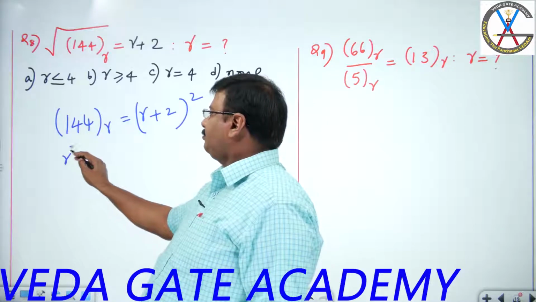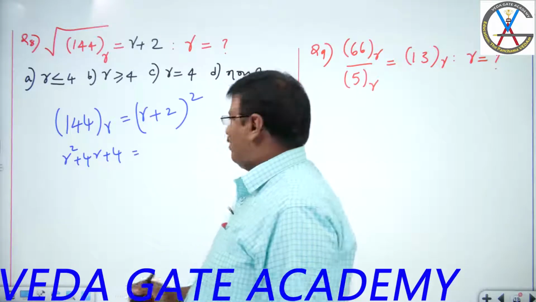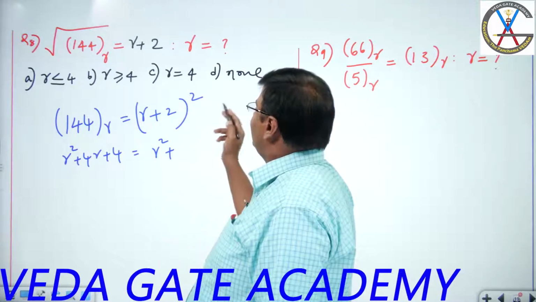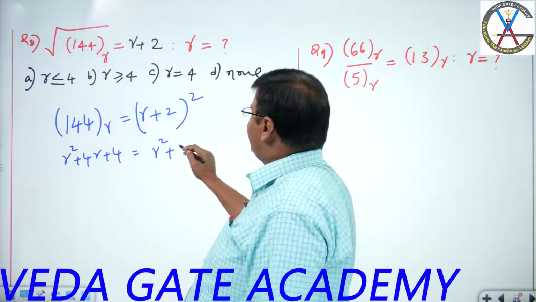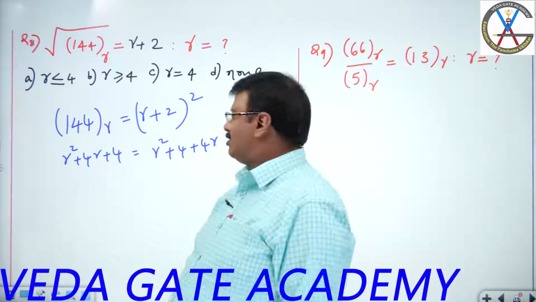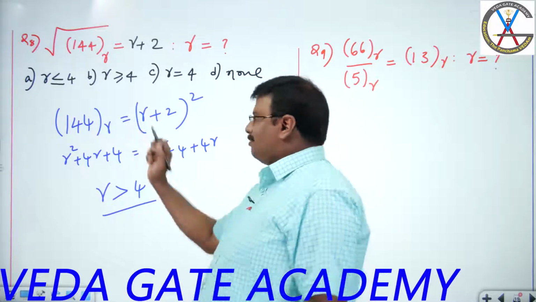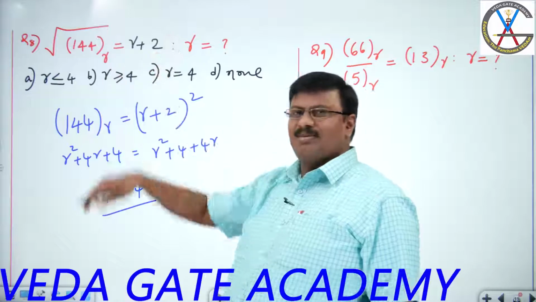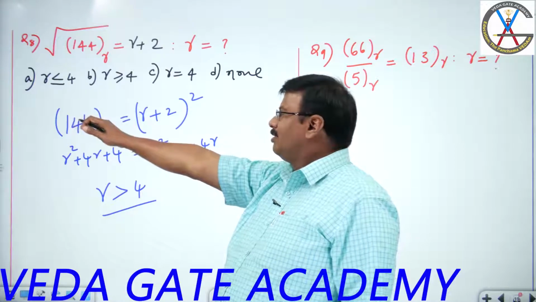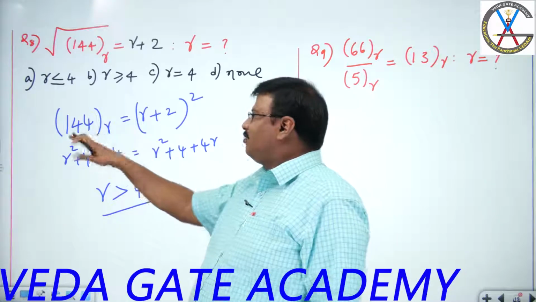Apply r here. r square plus 4r plus 4 is equal to a plus b whole square, in the form of a plus b whole square: r square plus a square plus b square plus 2ab. Same story, LHS equal to RHS. So r must be greater than 4. If r is the base, then for 144 in base r, the r must be greater than 4.